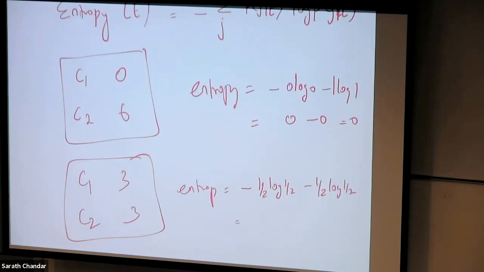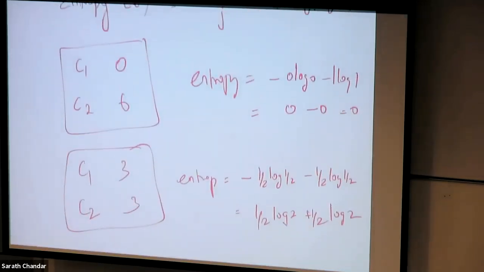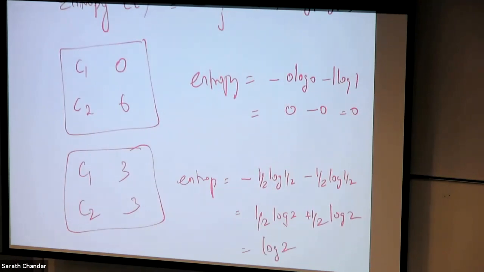So this is basically half log 2 plus half log 2, I'm bringing the minus inside. So this is nothing but log 2.